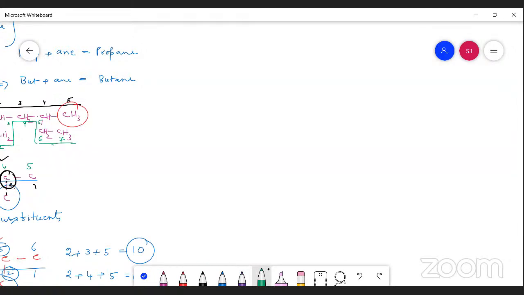Let us practice IUPAC nomenclature on examples. So 5 compounds I'm giving here.